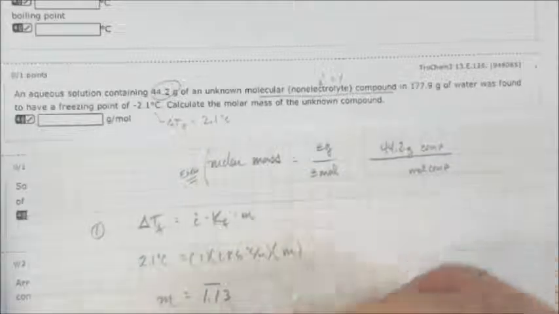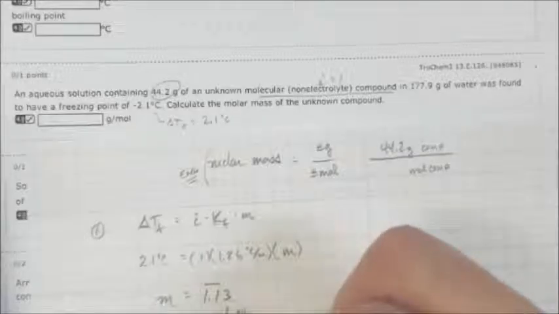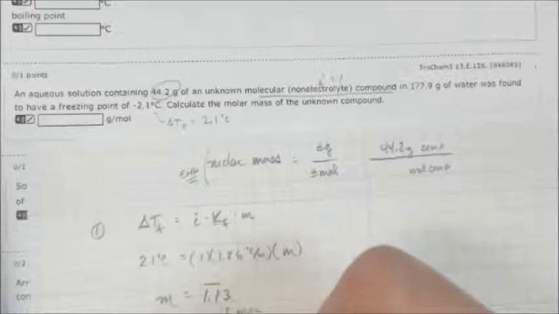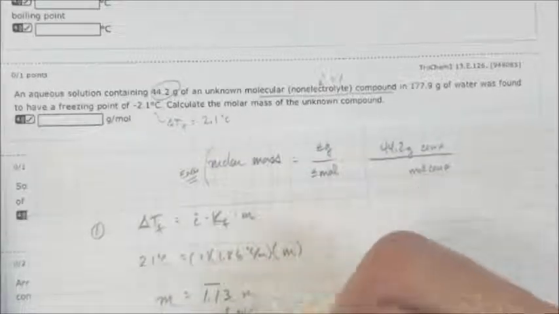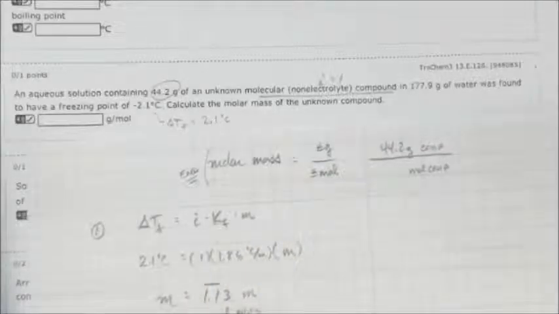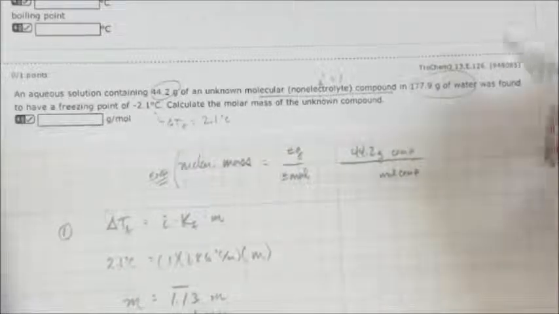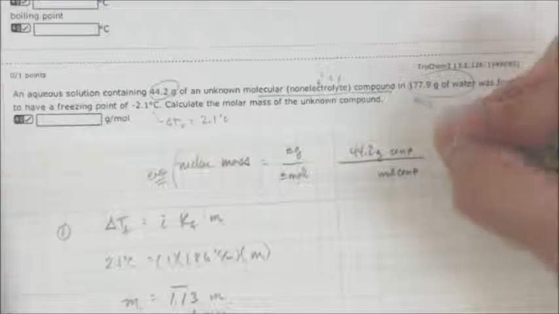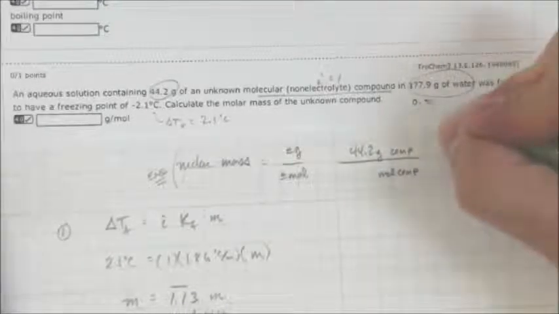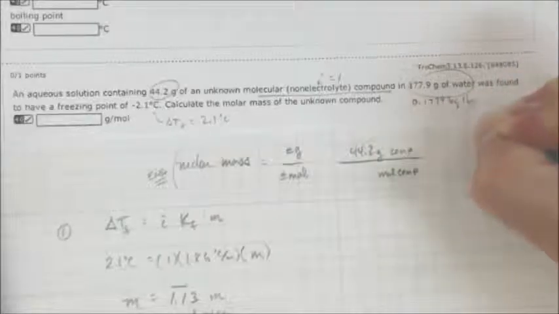Remember that molality is equal to the moles of solute over the kilograms of solvent. And we can use that as a conversion factor to help us work this out. Notice we've got 177.9 grams of water up here. As kilograms, that is, move the decimal 3 places to the left, 0.1779 kilograms of H2O.